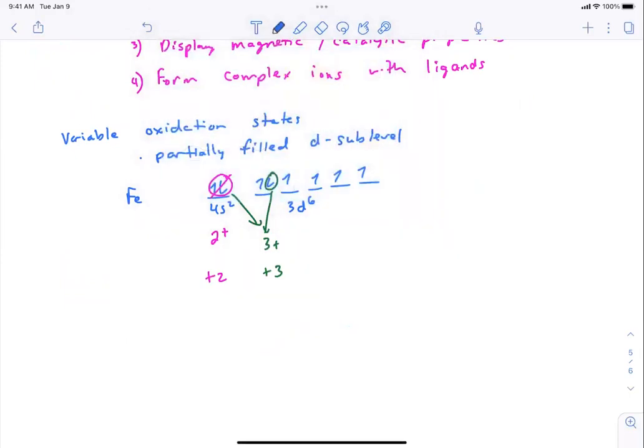So let me write this here. Oxidation states. The partially filled D sublevel allows elements to lose electrons past the 4s and still gain stability.